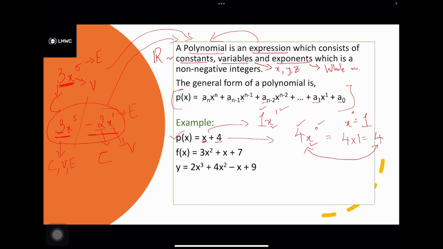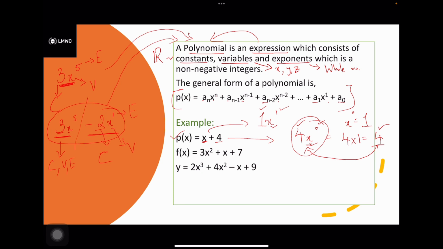So as you see, this 4x to the power 0 satisfies the definition of polynomials. So this 4 must also satisfy the definition of a polynomial. So generally we name this 4 a constant term. So a term which does not contain a variable. Although there is a variable x, we can write it in this way, but it has no meaning because x to the power 0 is 1, the number 1.